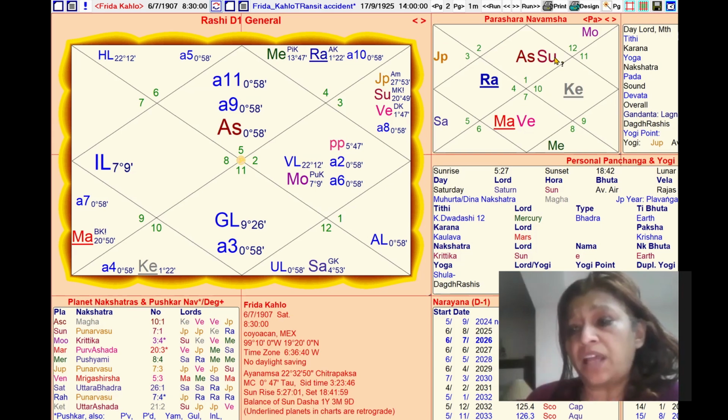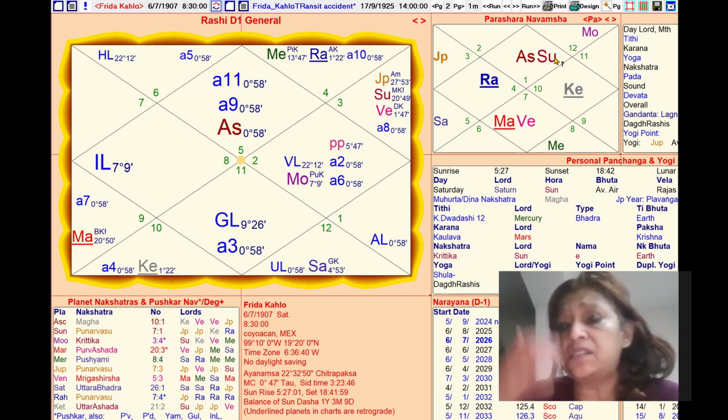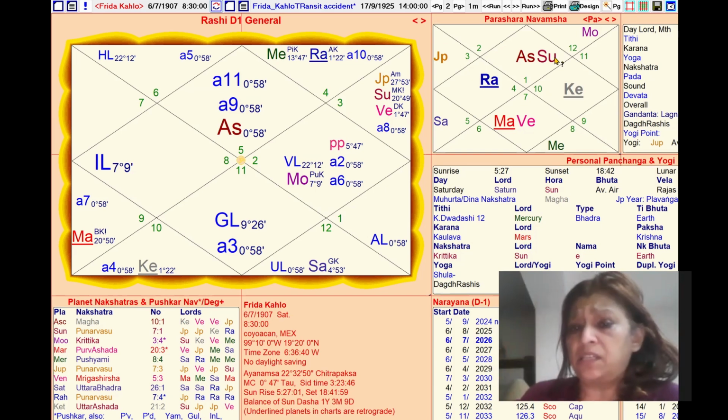Saturn is in trines, so she was quite adept at lifting heavy things and canvases and working with that, even in her terrible diseased condition, because she used to be in absolute pain. So Saturn in trines to the sun, to the Navamsha Lagna, makes quite a lot of sense.